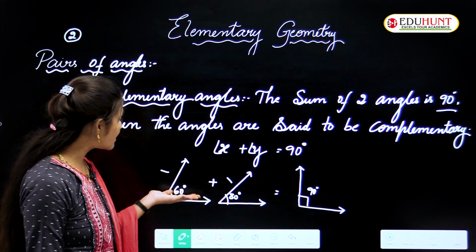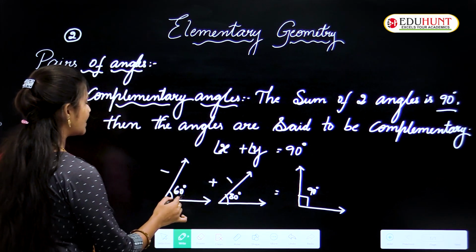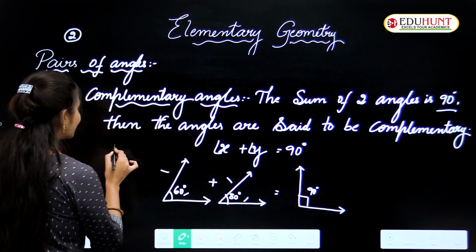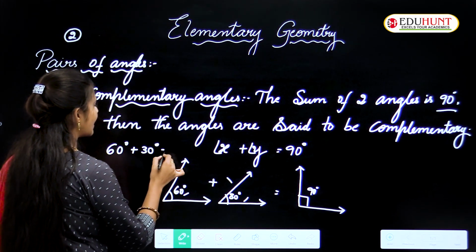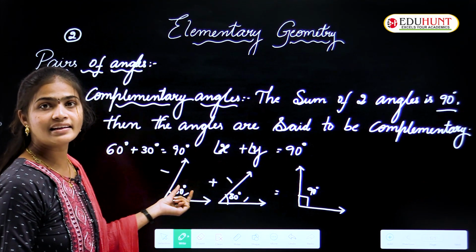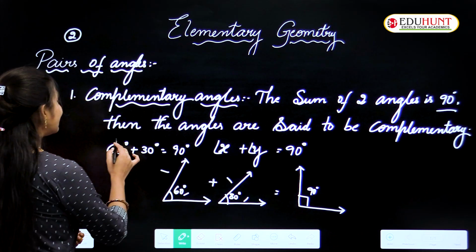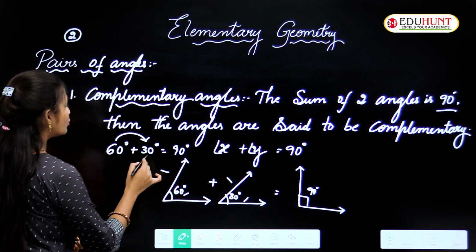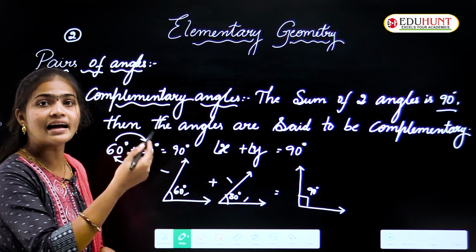By observing this example, which angles are complementary angles here? One is 60 degrees, another is 30 degrees. So 60 degrees plus 30 degrees is equal to 90 degrees. Is it clear? So 60 and 30, those 2 are complementary angles. And one more thing, each angle is a complement to the other.